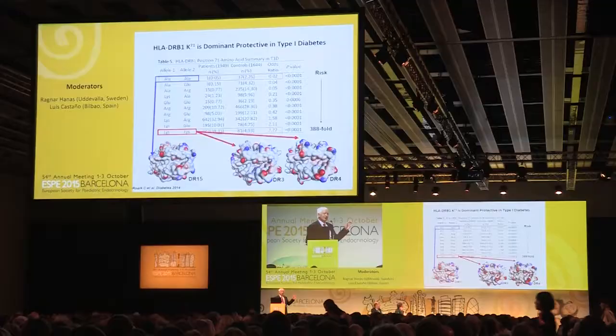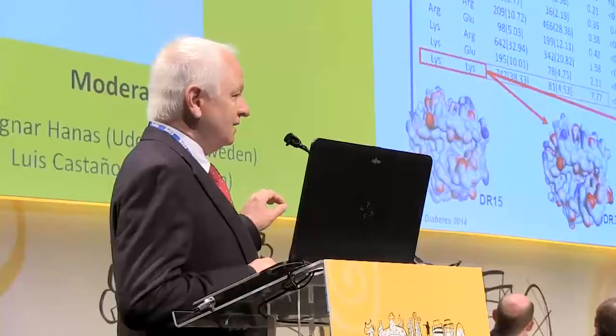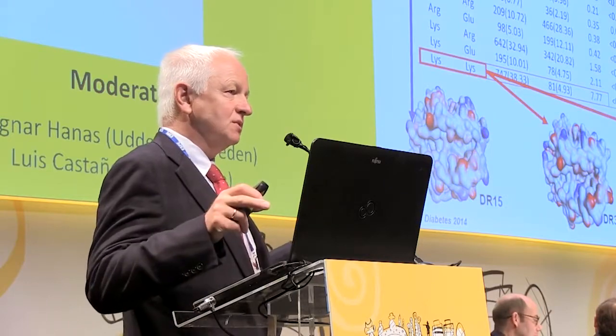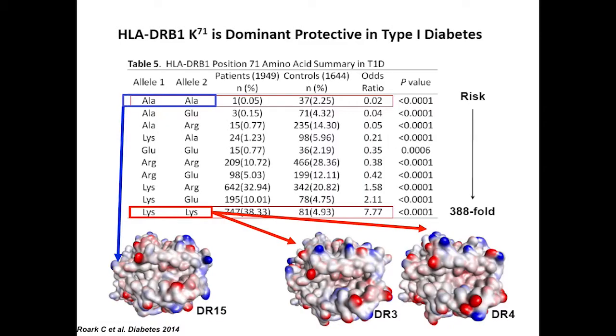So this molecular structure of HLA is only now being discovered with better tools and allows us to go beyond alleles, haplotypes, and genotypes and look at the function of HLA, what it really does in terms of antigen presentation.